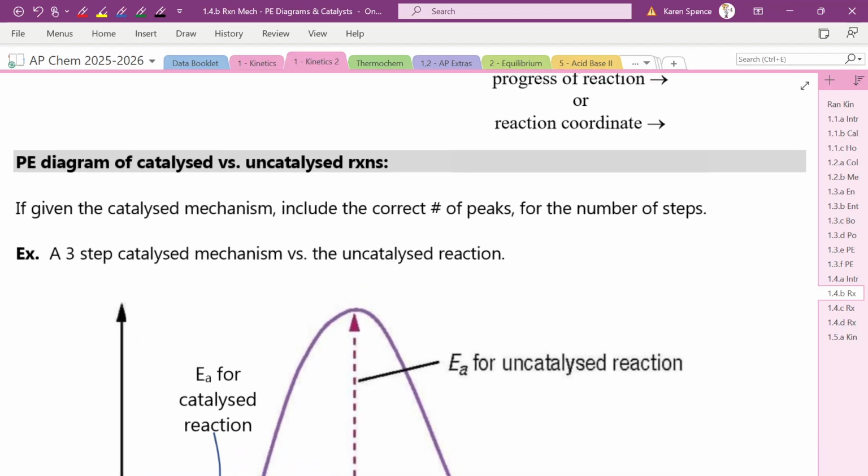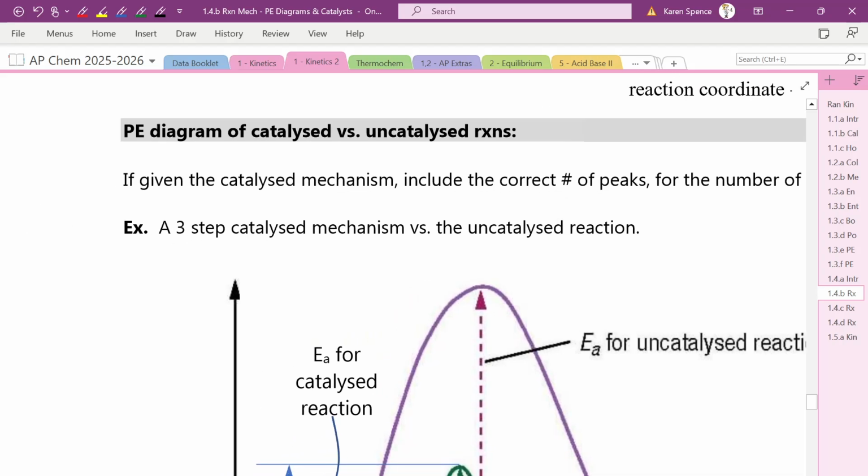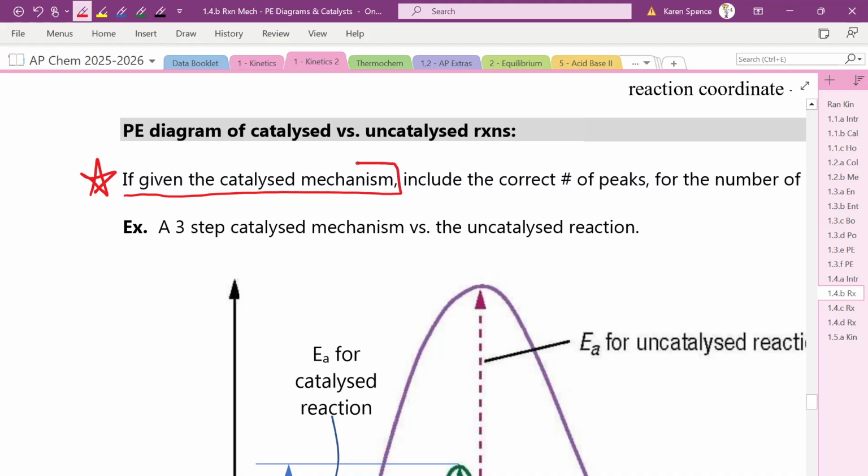So if we have a potential energy diagram of a catalyzed versus an uncatalyzed reaction, put a star beside this. If you are given the catalyzed mechanism, you are going to include the correct number of peaks.